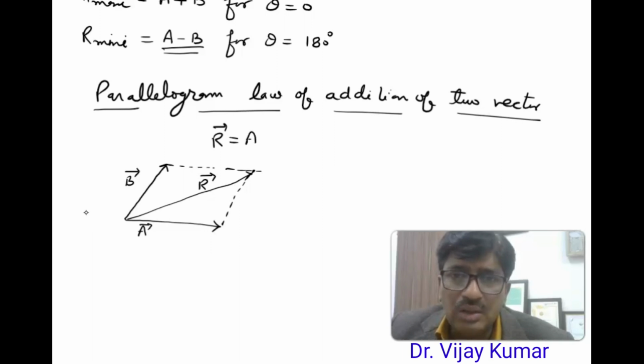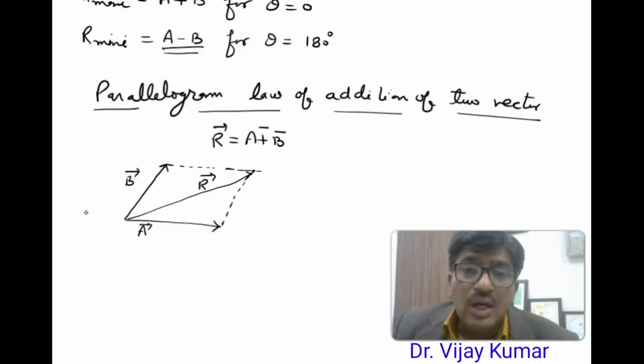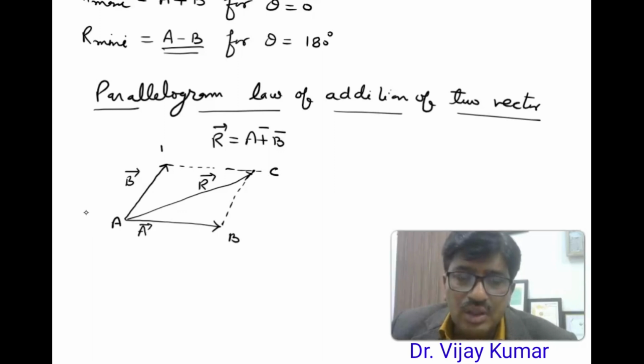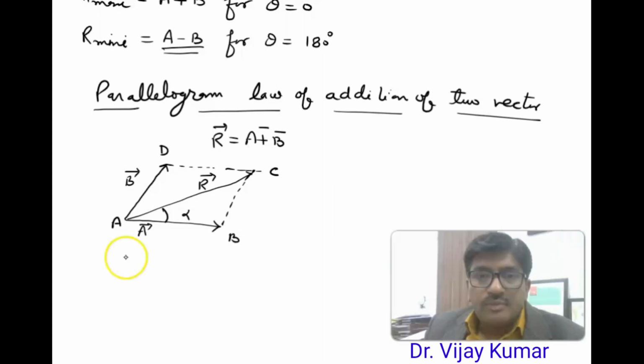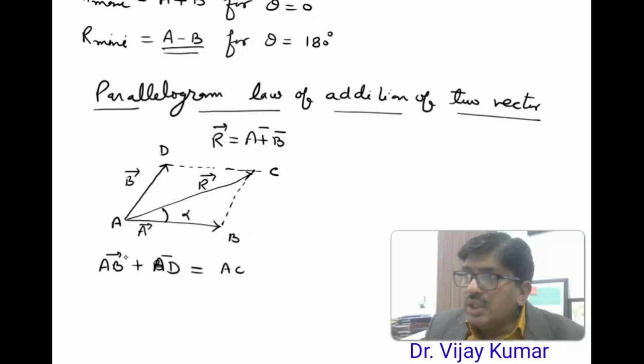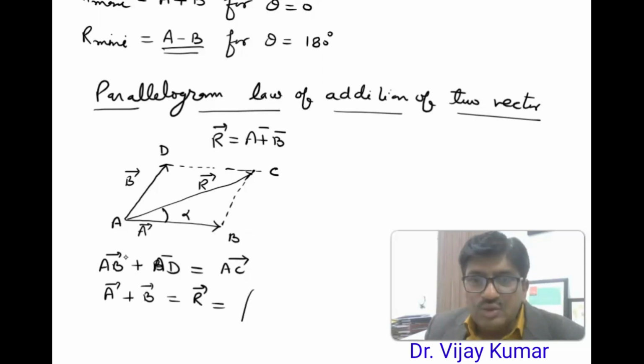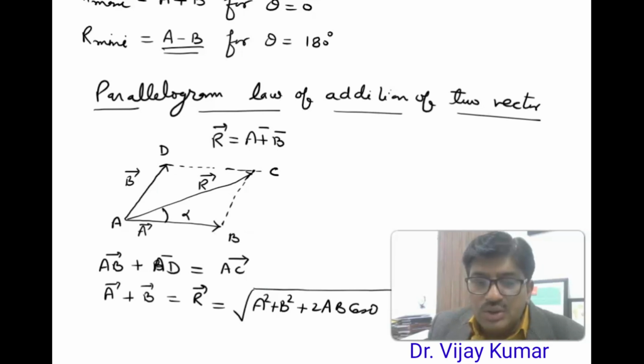Suppose this is A, this is B, and the corners are A, B, C, D, and if this angle is alpha, we can write AB plus AD equal to AC, or we can say A vector plus B vector is the resultant, which should be equal to under root A square plus B square plus 2AB cos theta.